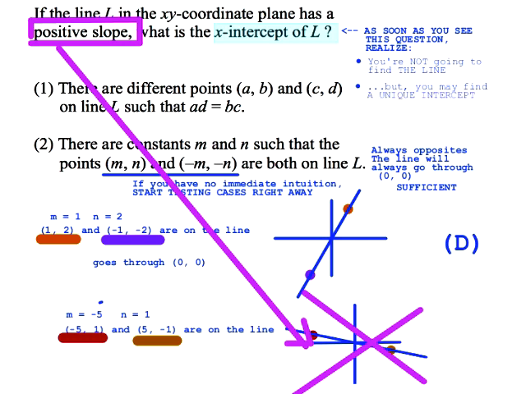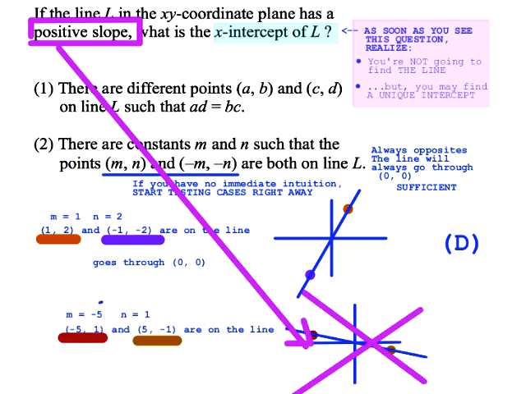These are very goal-oriented problems. Don't forget that, because that's the entire point of data sufficiency at the end of the day, is to be super goal-oriented. There are tons of lines possible for both statements, but they all go through 0, 0.